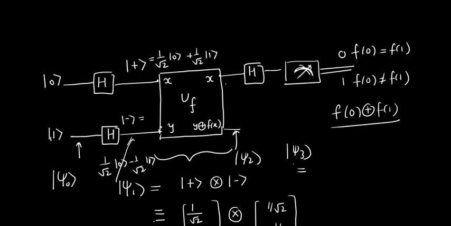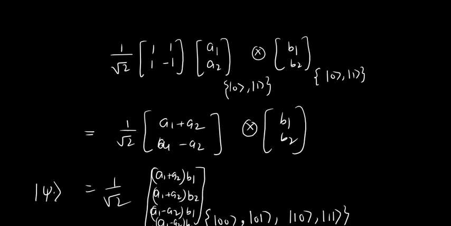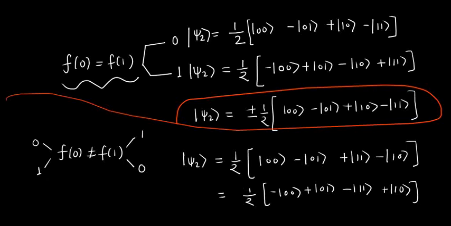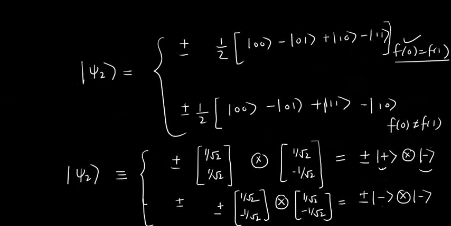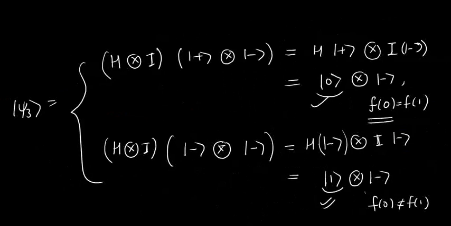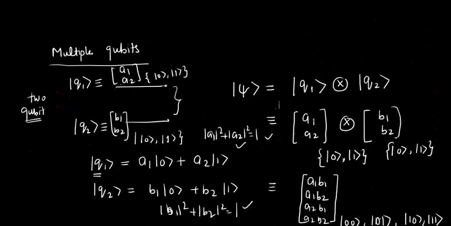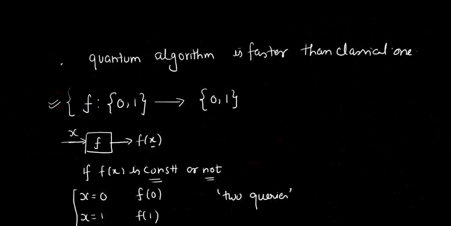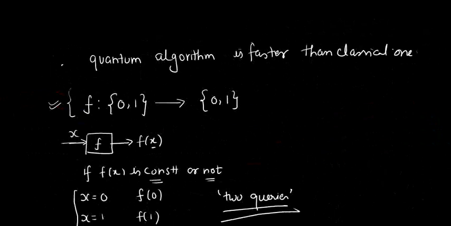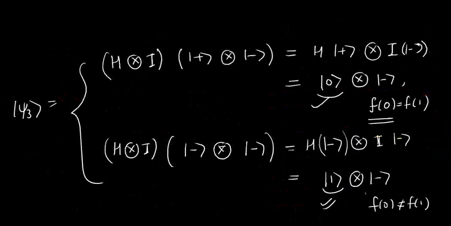So in one query, the Deutsch algorithm shows that by applying only one query, we can find out whether our function was constant or not, whereas for the classical case we have to use two queries. So of course, we did it using a single query. Therefore, this is a toy example of a quantum algorithm.